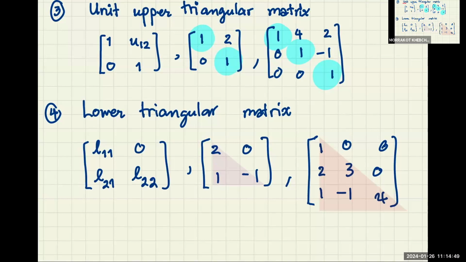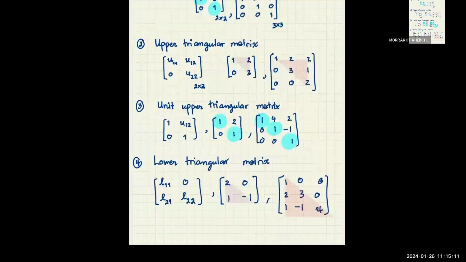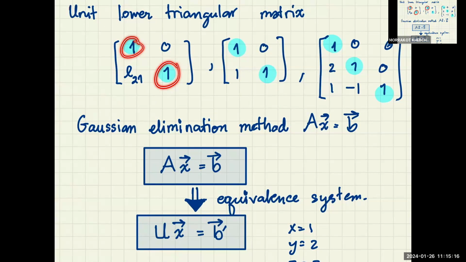And for the other ones, we put a prefix, we have the word unit in front of it. If we say unit upper triangular matrix, it means we add one more feature: the elements along the diagonal equal 1, okay? Similarly for the unit lower triangular matrix, it means we put the number 1 on the diagonal as well, okay?